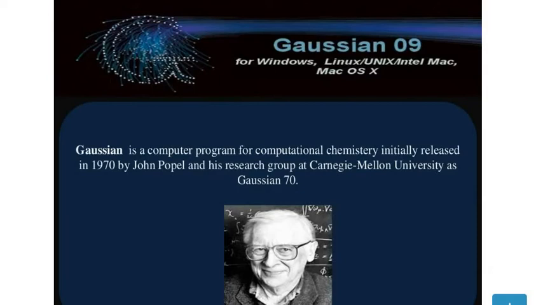So I am going to introduce one package, that is Gaussian 09 for Windows, Linux, Unix, Intel, Mac. You know, my friend, Gaussian is a computer program for computational chemistry, initially released in 1970 by John Pople and his research group at Carnegie Mellon University as Gaussian 70.